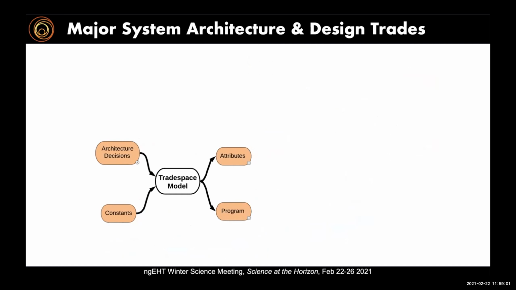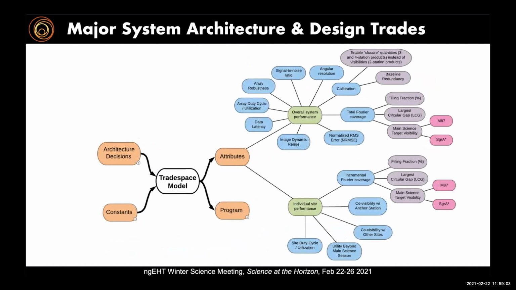As we start moving into the right-hand side, we look at what overall attributes, performance, both at the overall array level, the system performance, and then at the individual site. So signal to noise ratio, angular resolution, and of course total Fourier coverage is a major factor. There's a number of different metrics that we use to assess that and assess the goodness of a possible array.